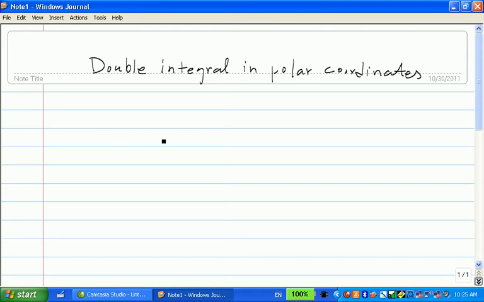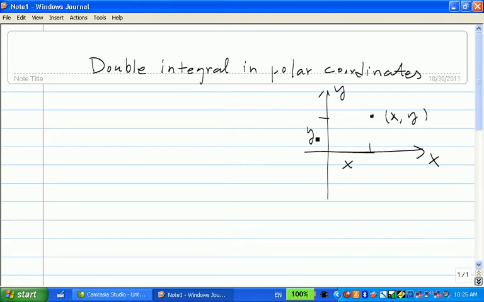This video is about double integral in polar coordinates. First of all, let's review what a polar coordinate is. On the xy plane, for any given point, you can write it in rectangular coordinates x, y, where this distance is x and this is your y.